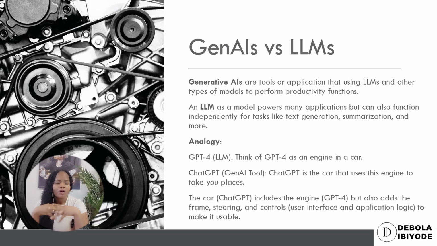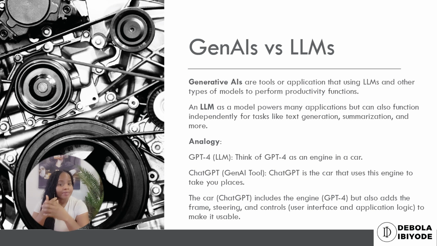So to end this episode on generative AI, I'm just giving us a recap now. They are tools or applications, right, that use LLM and other types of AI models to perform productivity tasks. LLM is an AI model that is used by AI systems for generating text. So, because they've been trained to understand and generate human-like text, right?